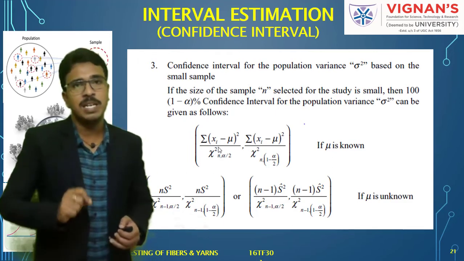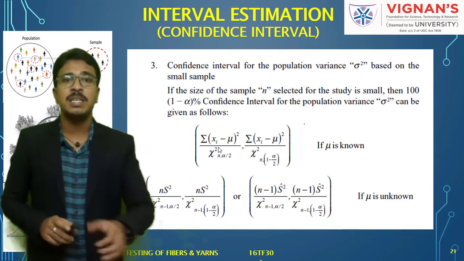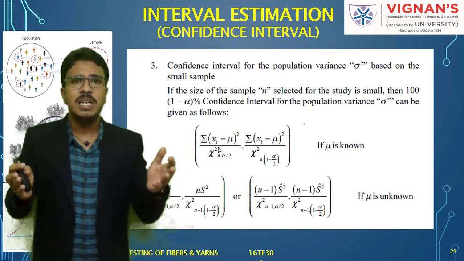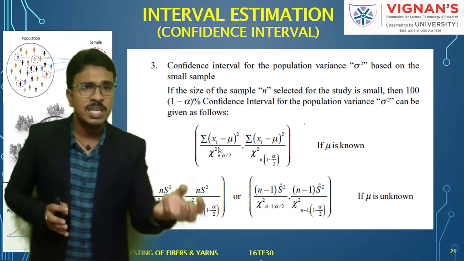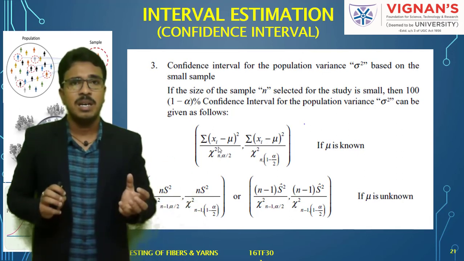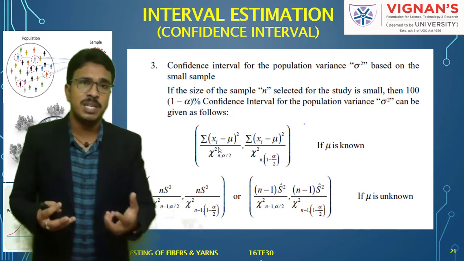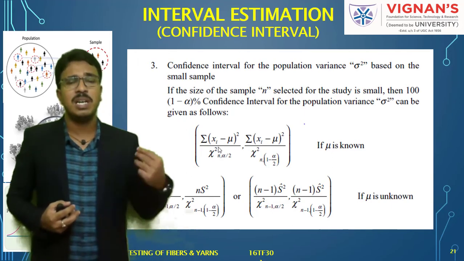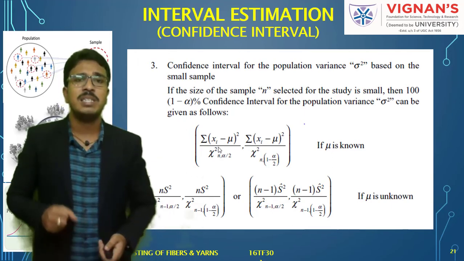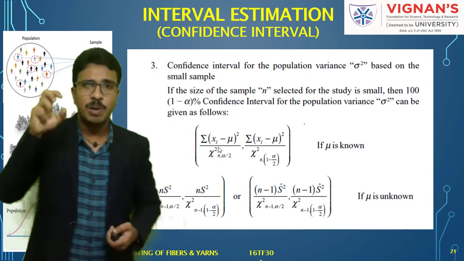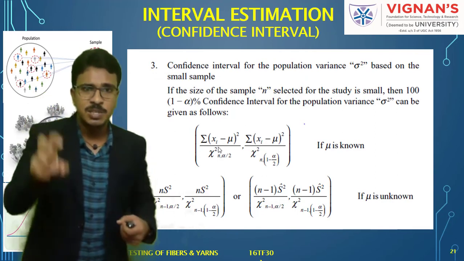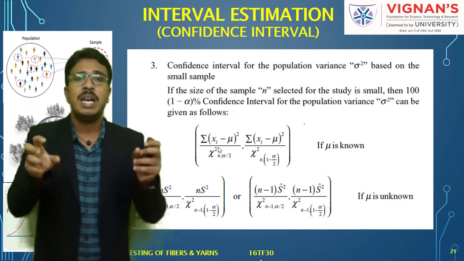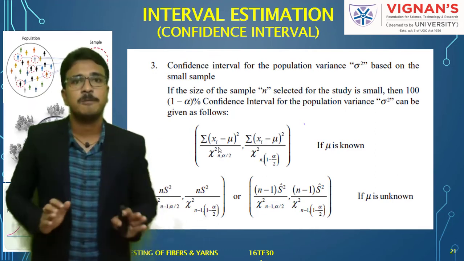When it comes to interval estimation, we estimate the unknown population parameters in between two limits, one lower and one upper. We state this with some confidence, either 95% confident or 99% confident, saying that the population parameter, with this much confidence, lies in between these two values.